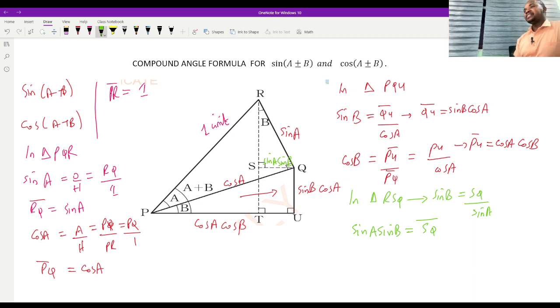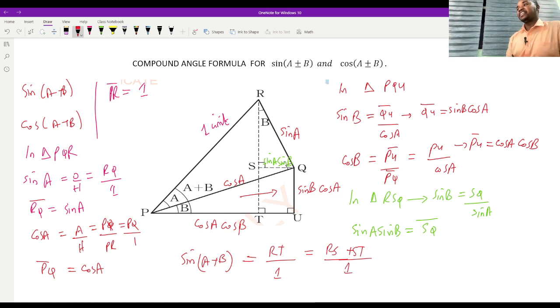So I think with all these details in our hand now, we can go to the formulas we are going to deduce. First of all, we are looking for sine A plus B. Sine A plus B from the diagram is RT over 1. And what is RT? RT is going to be RS plus ST over 1, of course.